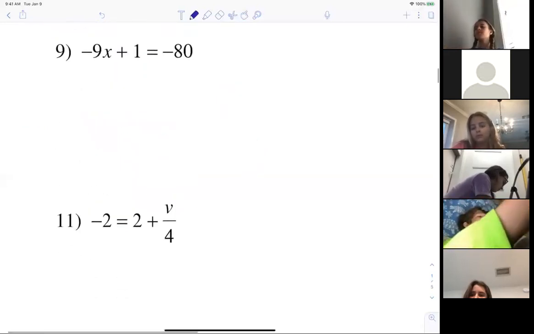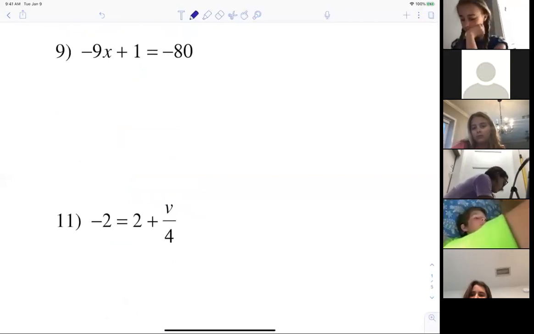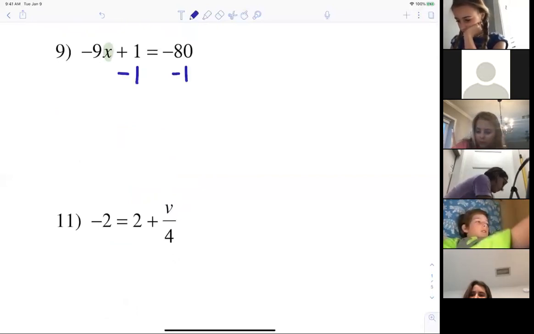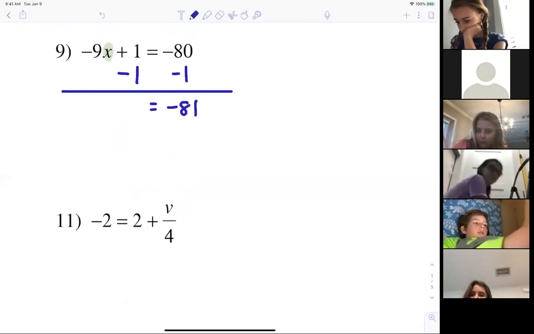All right, let's take a look at number 9. All right, again, back to normal. All right, we're going to get rid of the addition and subtraction first, solving for x, subtracting 1, subtracting 1. So I have -81 is equal to, bring down the -9x.